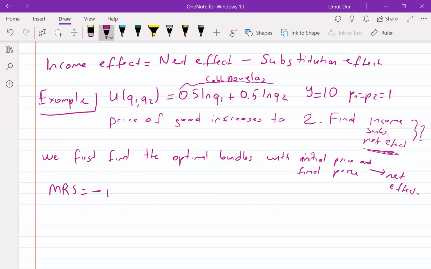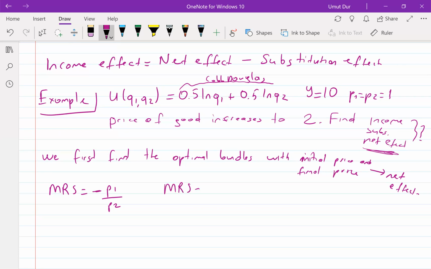The tangency point asks us to equalize the slope of the budget line to the slope of the indifference curve at the optimum point, and the slope of the indifference curve is the marginal rate of substitution. So what is the marginal rate of substitution here?